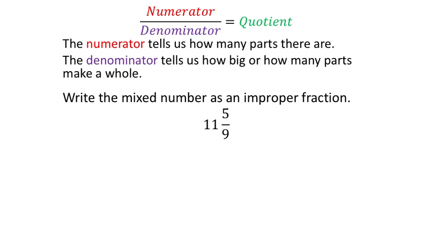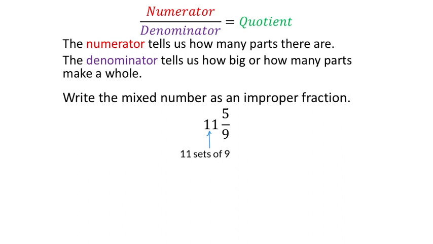And again, just to emphasize what we were talking about here, if we're looking at ninths, each of these 11 circles, or pies, is split into 9 pieces. So the 11 right there, the whole value, tells us essentially that you have 11 sets of 9, or you could say ninths.